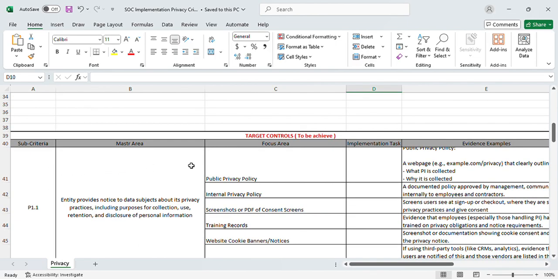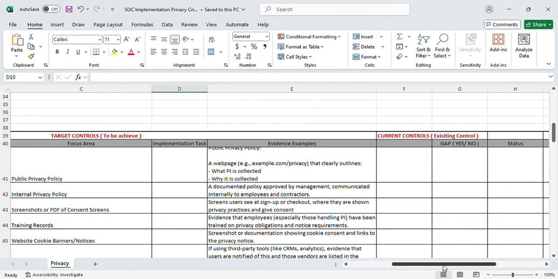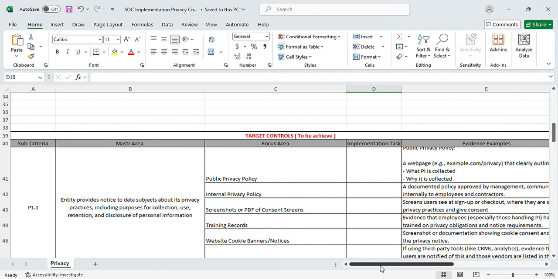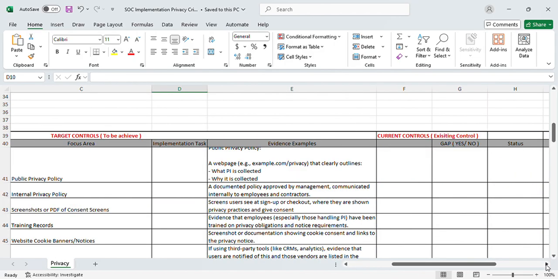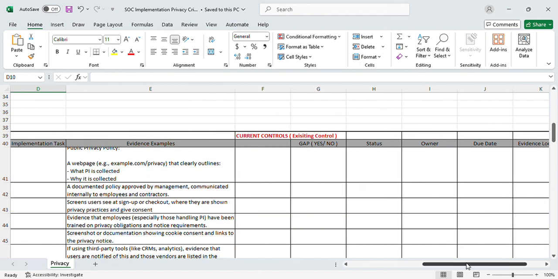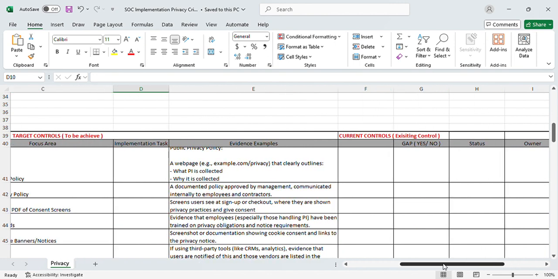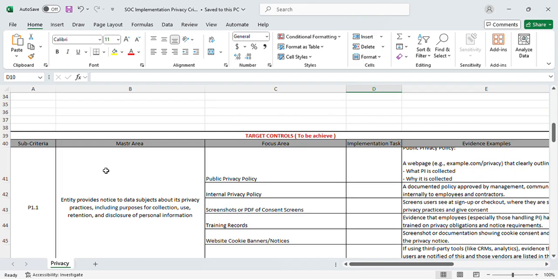So I have an Excel sheet where columns A, B, C, D, E belong to our ideal standards, and columns F, G, H onwards are the current existing controls in the organization.